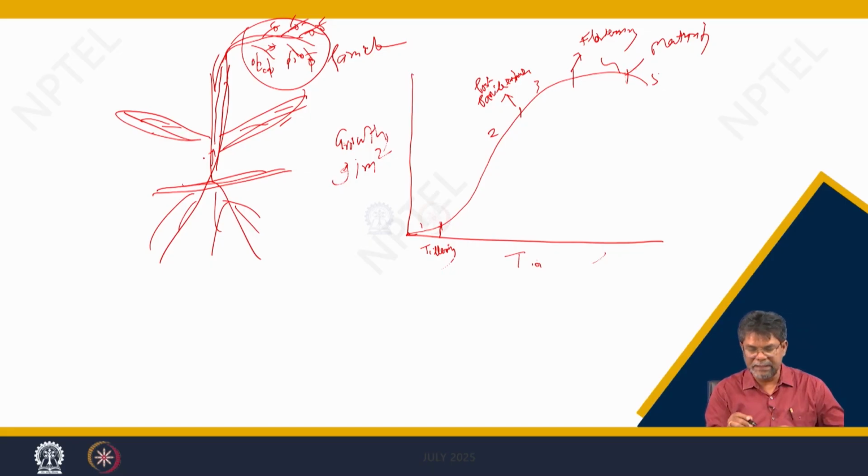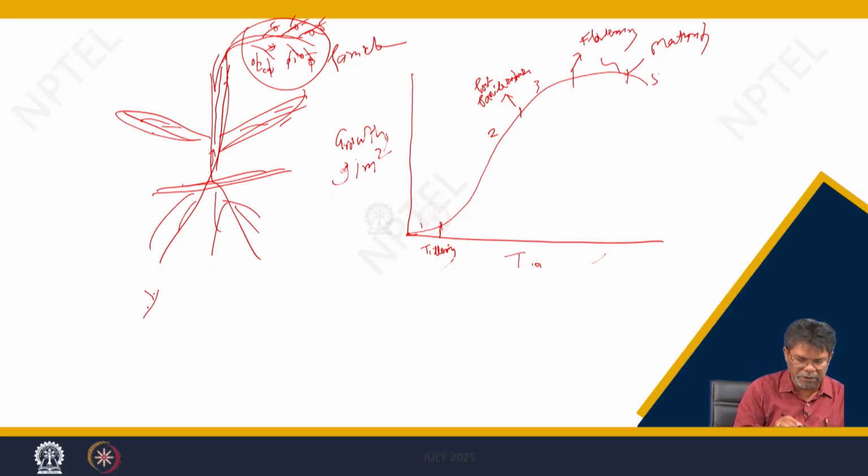This stage is very important because of the tillers; in rice, the more tillers, the more panicles. When you go for a modeling exercise, you need to know the yield components that contribute to yield. How do you calculate the rice yield?